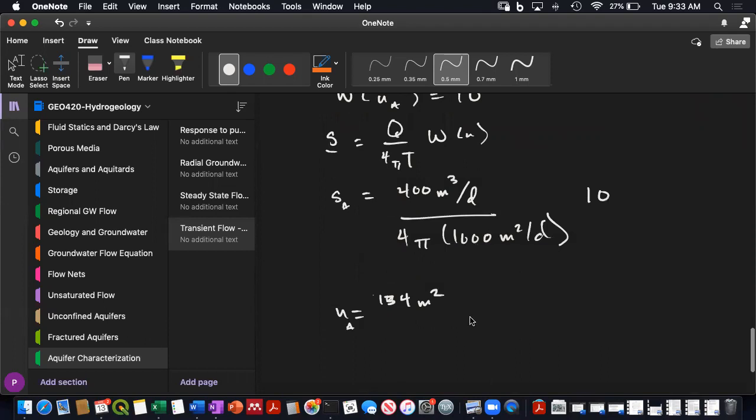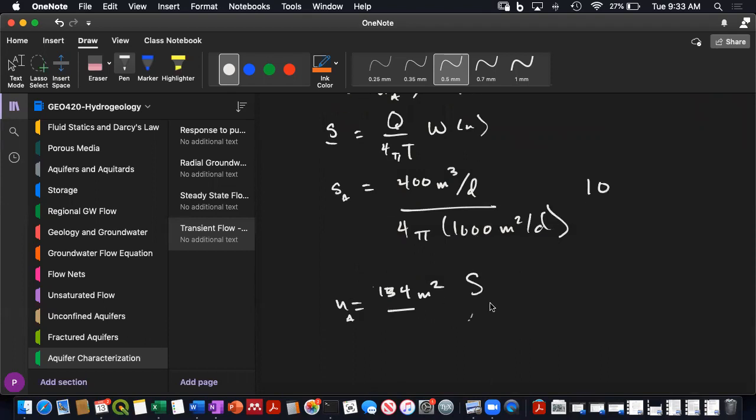Times S, which is unitless, over 4 transmissivity. So we had 1,000 meters squared per day times the number of days, so 2 days. So those cancel and U is unitless. So WU is unitless.